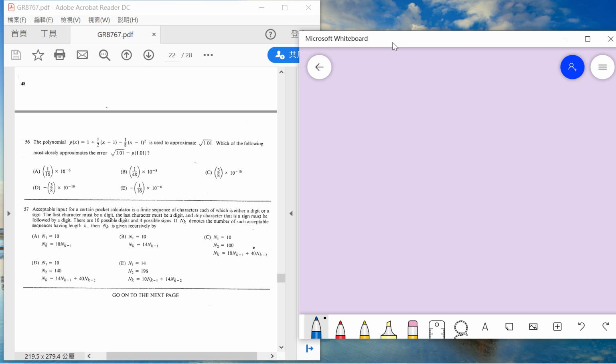Okay, so a settable input for a certain rocket calculator is a finite sequence of characters. Each one is either a digit or a sign, and the first character must be a digit, and the last character must be a digit.